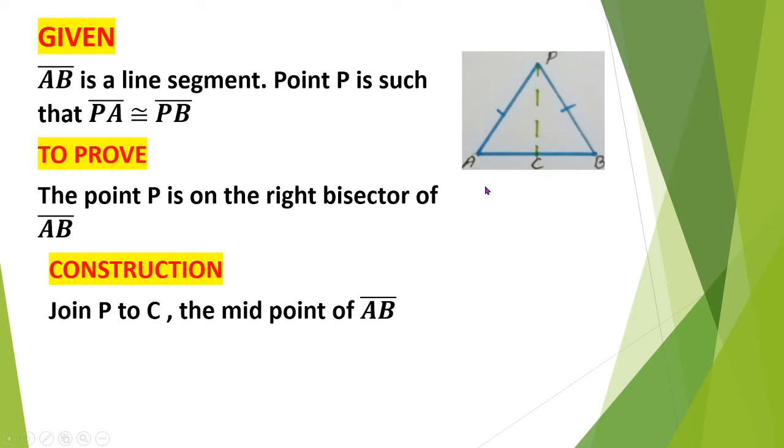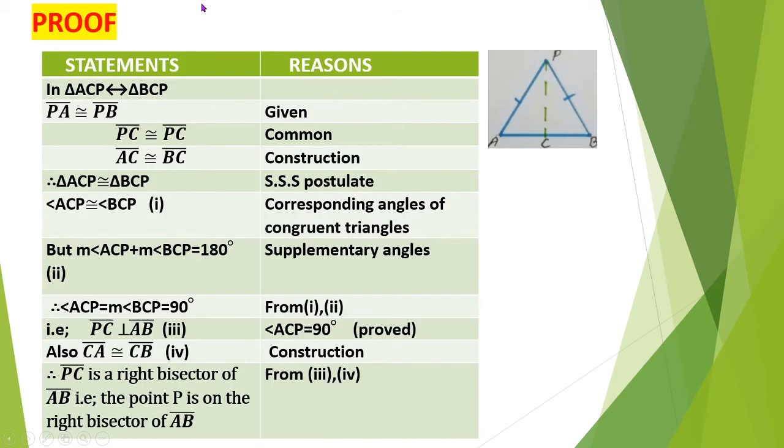During construction, what we have done is we have joined point P with point C, and C is the midpoint of AB. Thus we have got these two triangles, ACP and BCP. During the proof, we have to make two columns, first for statements and the second for reasons.